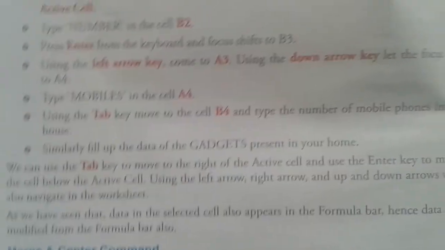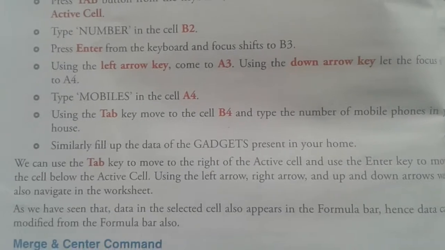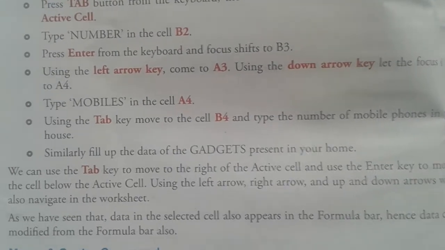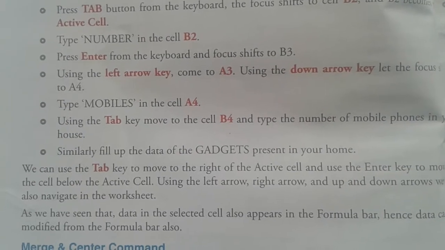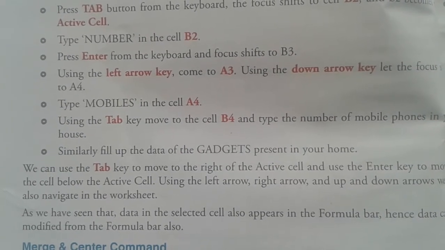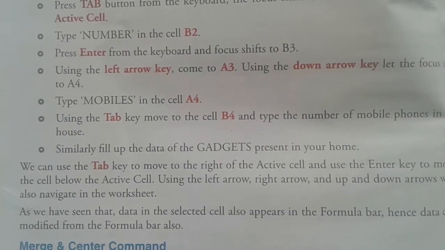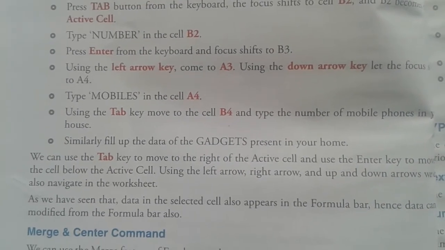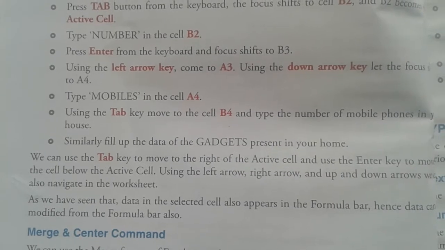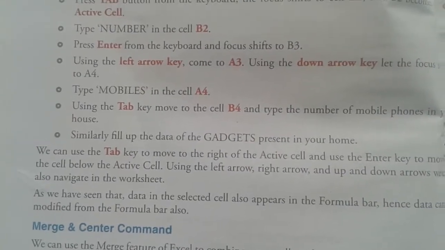Merge and Center commands. Merge means if we want to make a complete sentence and both parts are written in different columns, and we want to join those columns, we have to merge the cells. For that, we use the merge option. Merge means joining.